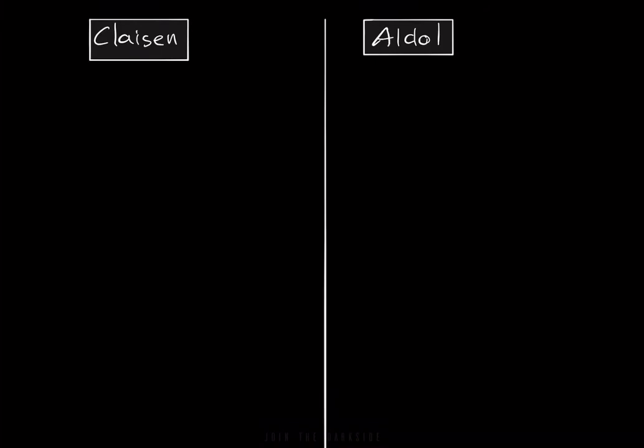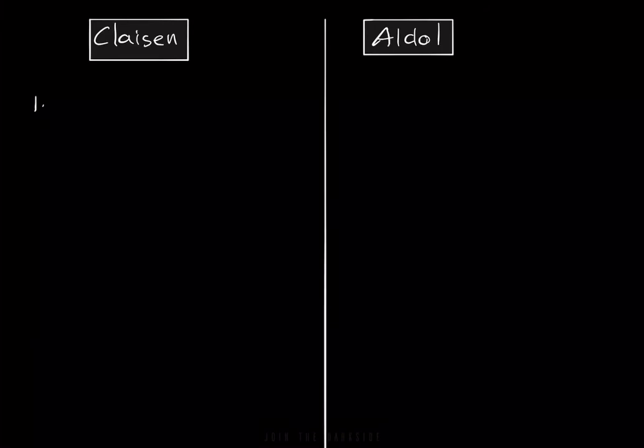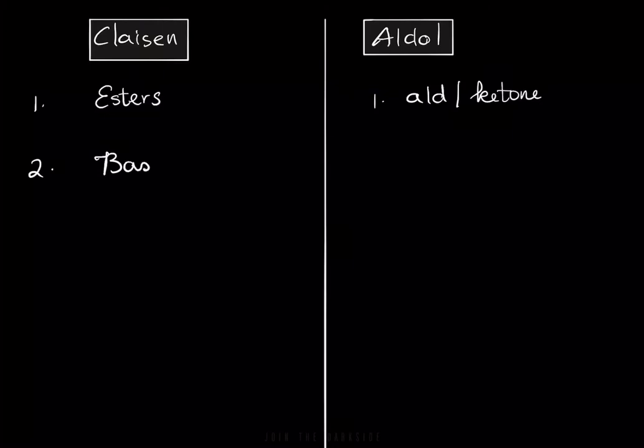Now what's the basic difference between Claisen condensation and aldol condensation? In a Claisen ester condensation, you will use esters. For an aldol reaction, you will use either an aldehyde or a ketone. And remember, in a Claisen ester condensation, the base should be exactly the same as the leaving group.